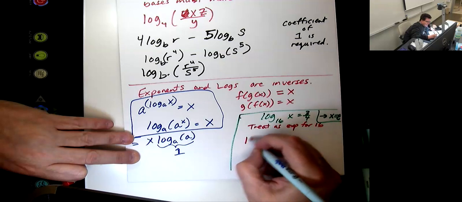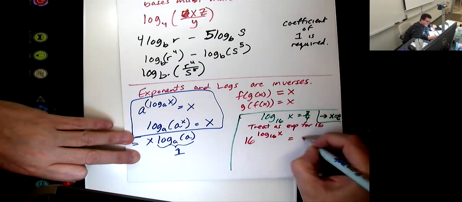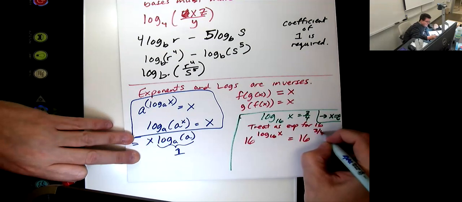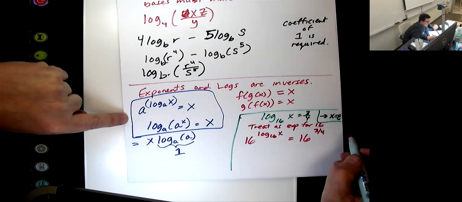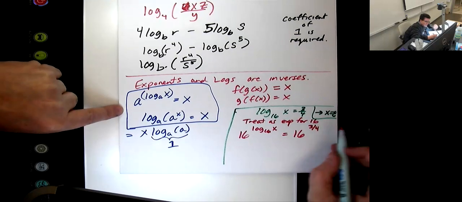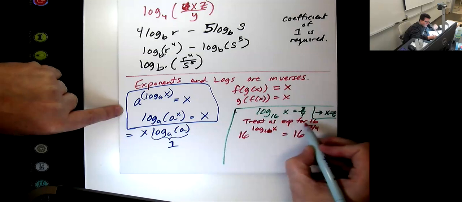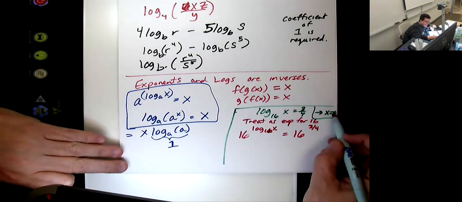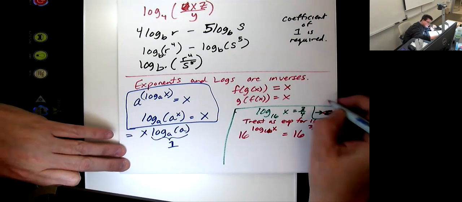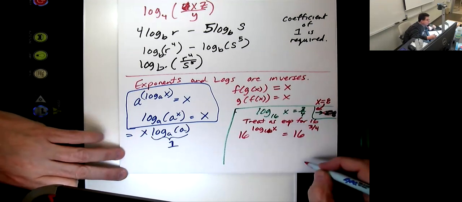So I'm going to have 16 to the log base 16 of x equals 16 to the 3/4. I'm taking advantage of this first one up here. We treat it as an exponent for 16. We did that earlier on a previous problem.